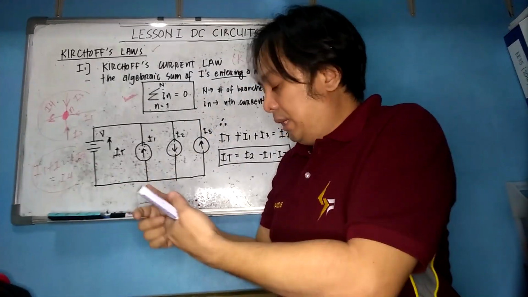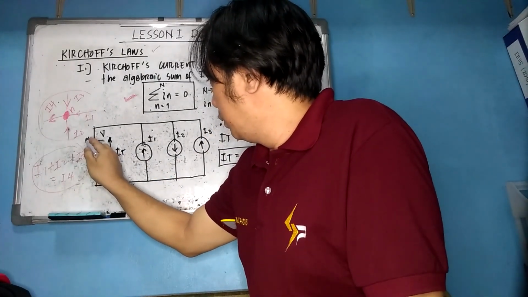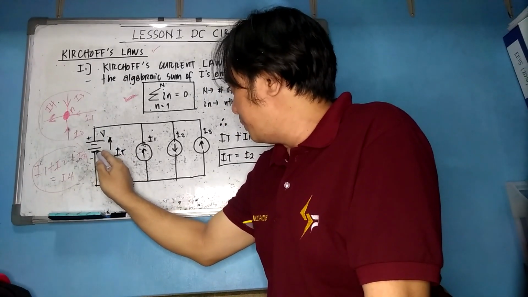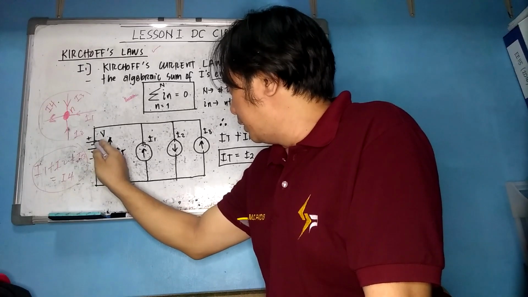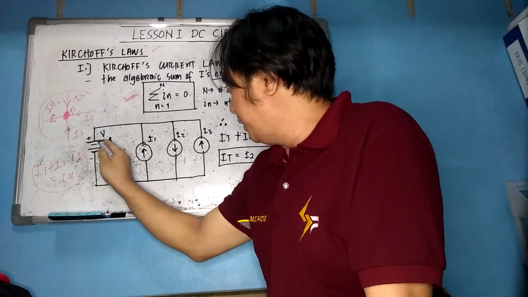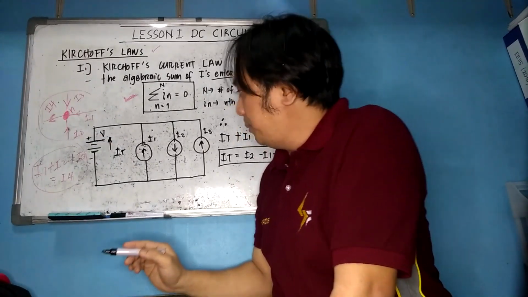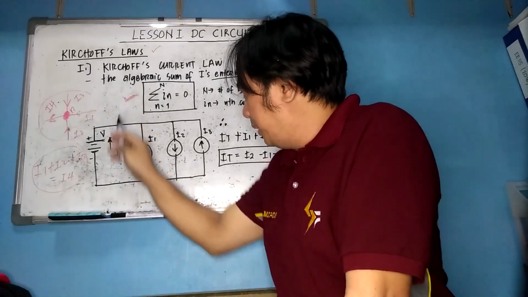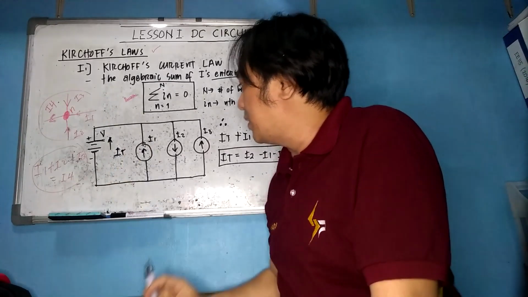Since you have a minus and plus on the battery, the minus here represents the ground, and the larger line here represents the positive sign. So the current will be in an upward direction from negative to positive. I could say that is IT.